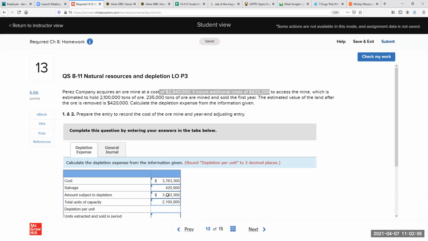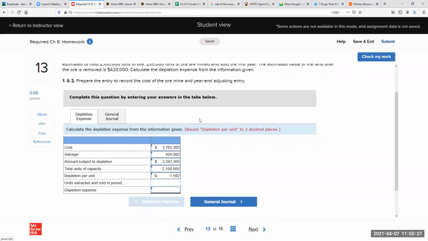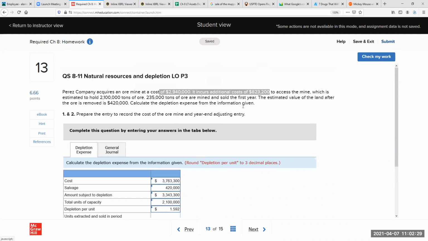So the depletion, you take what you paid, minus the salvage, divided by how many tons you estimate. Remember, we don't know for sure. It's an estimate. I'm going to go with $1.60. How much did we extract the first year? 235,000.